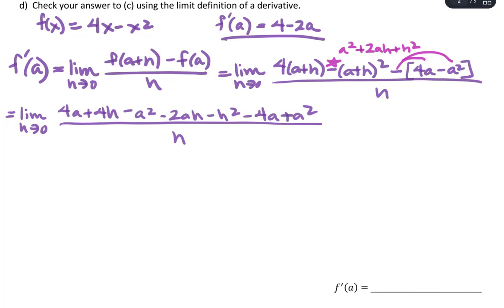And now nice things start to happen. I see 4a minus 4a, that adds up to 0, so I can cross it out. I see negative a squared plus a squared, which adds up to 0, so I can cross it out.